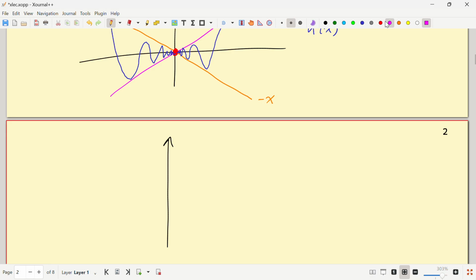Both of those, the purple thing and the orange thing, when I square them, are going to be a parabola. X squared. So this is going to look like, purple and orange thing, it's going to be a parabola. And now h, well, let's see, h is always greater than or equal to 0.